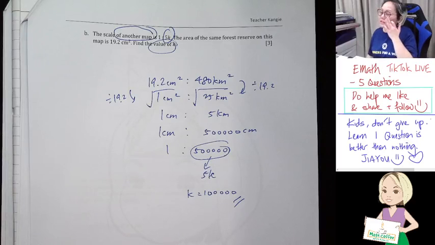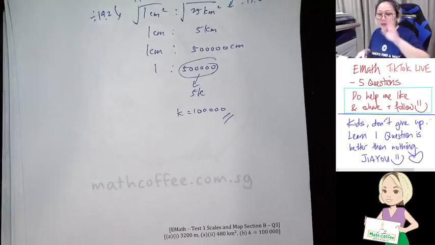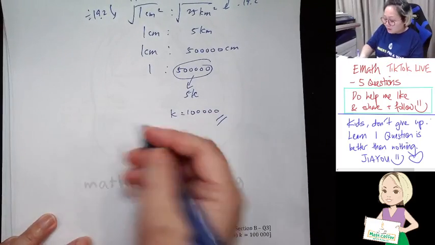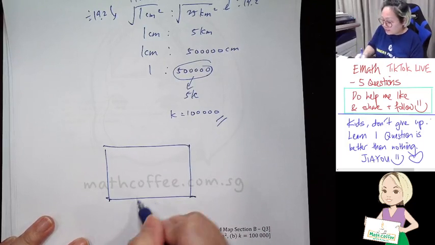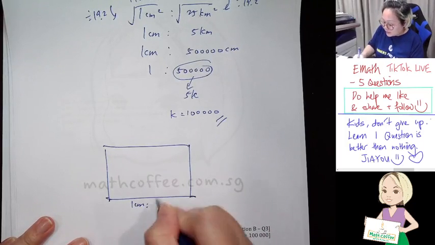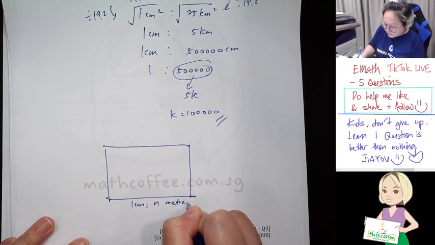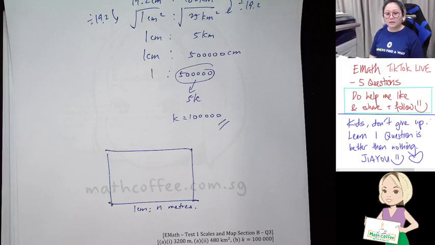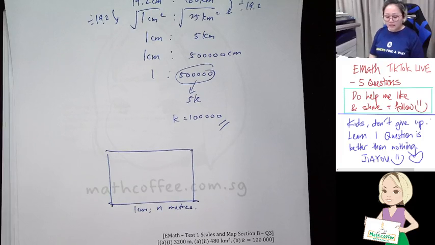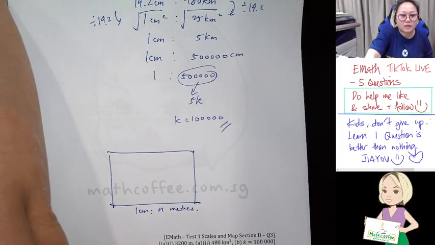Oh yeah, kids, just now my student was asking one question. Maybe I share with you. Let's say, for example, the paper comes out with a rectangle like that. Then they tell you 1 cm represents n meters. Then after that they ask you to find... let me go and see the question, then I can share with you all.